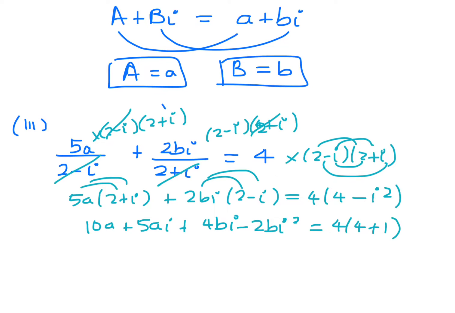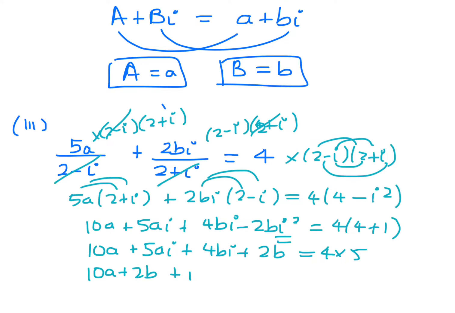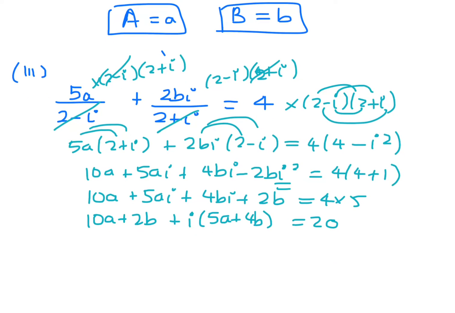So it's minus 1, so it'll be plus 1. So it'd be 10a plus 5ai plus 4bi plus 2b, because that i squared will give you minus 1, equals 4 times 5, which is 20. So 10a plus 2b plus i(5a plus 4b) equals 20.